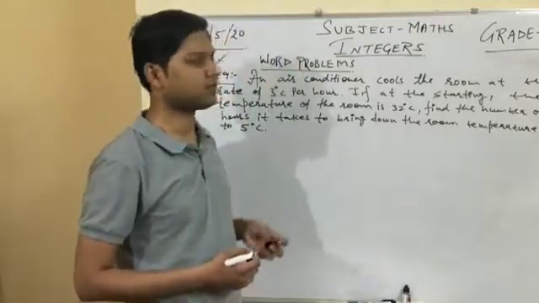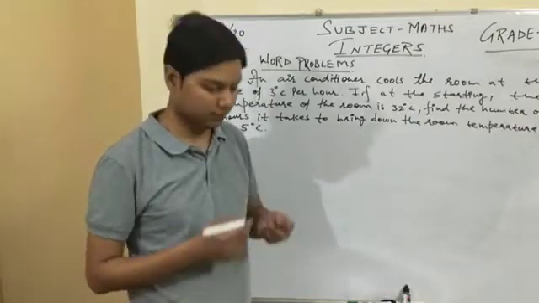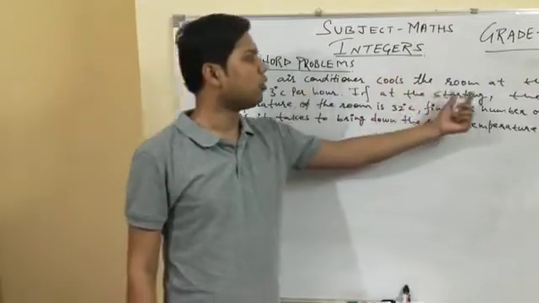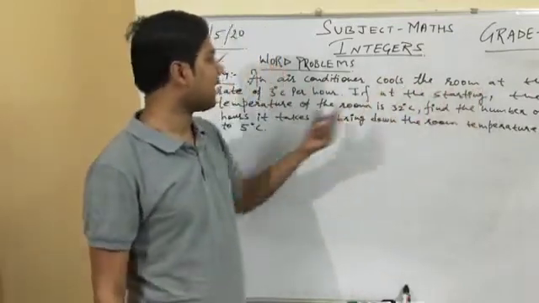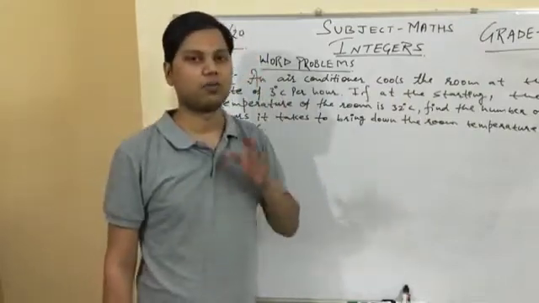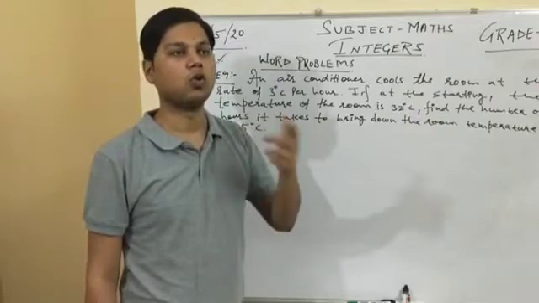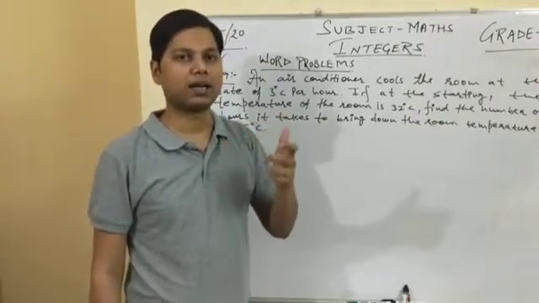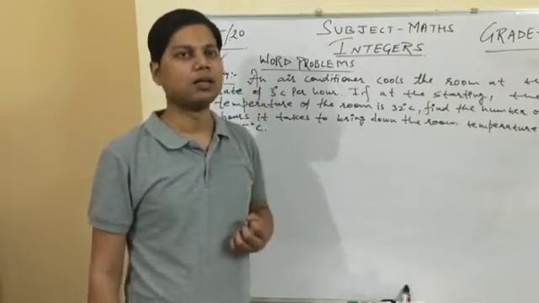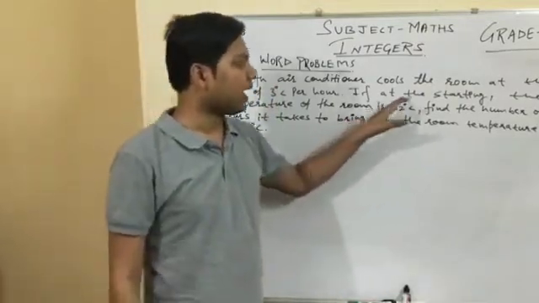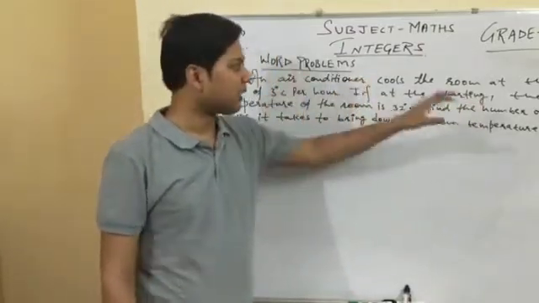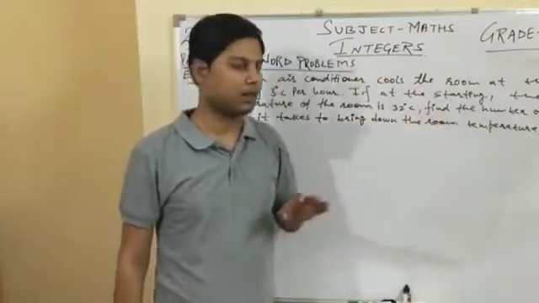First of all, we have to understand the question. What is the question written? एक एयर कंडीशनर है, एसी है, जो रूम को कूल करता है एट द रेट ऑफ 3 डिग्री सेल्सियस पर आवर, 1 आवर में 3 डिग्री सेल्सियस रूम को कूल कर देता है. एंड वी नो दैट कि कूल करता है, दैट मीन्स कि टेम्परेचर कम हो रहा होगा, टेम्परेचर डिक्रीज हो रहा होगा. ओके, नाउ इफ एट द स्टार्टिंग, अगर जब व्हेन वी स्टार्ट द एसी, the temperature of the room is 32 degrees Celsius.